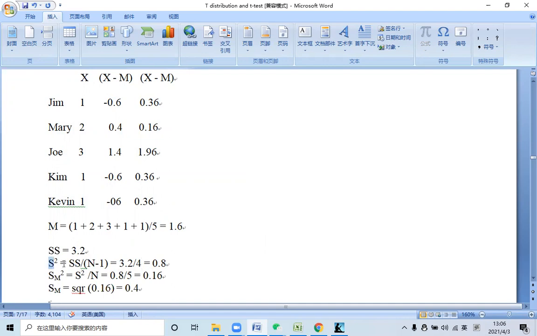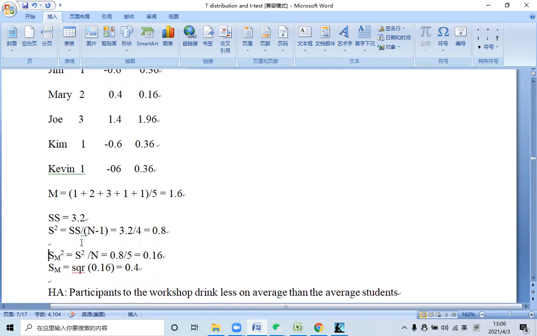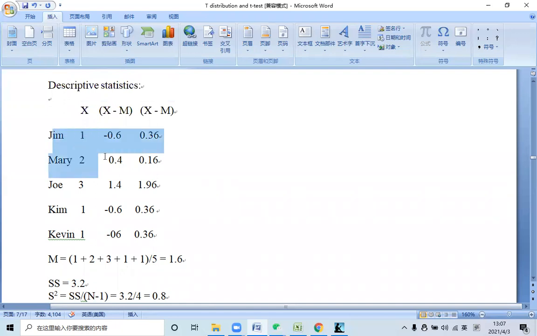So this one is based on the individual scores in the sample, the sample variance. But you're not interested in the sample variance. Your real interest is the variance for the distribution of means, the variance for the distribution of means of samples with 5 people.